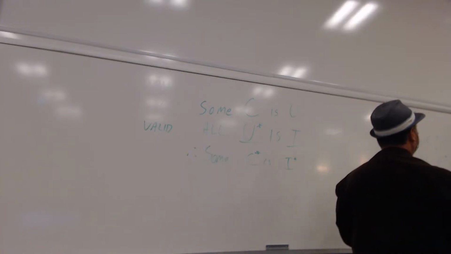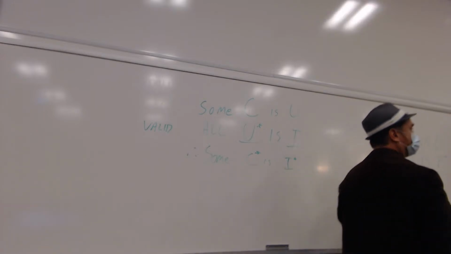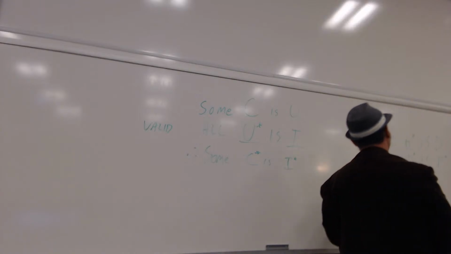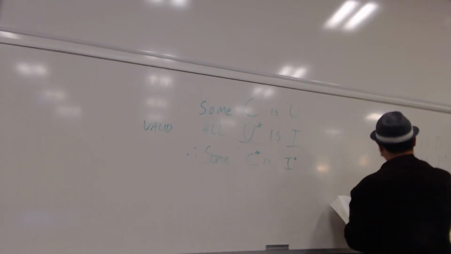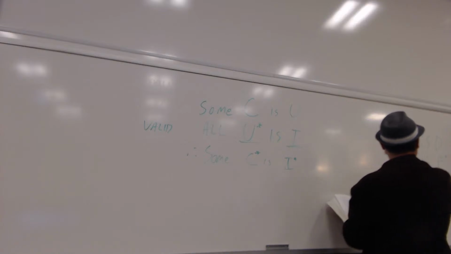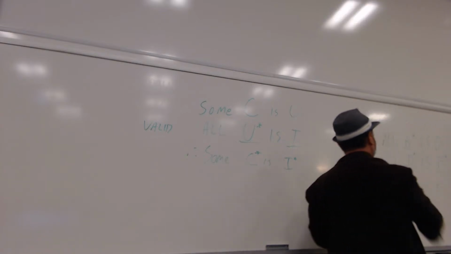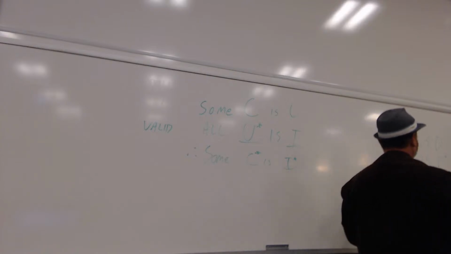We then figure out what belongs in the conclusion. The conclusion is going to be an H and an F because H and F only appear once. We're going to figure out the form of the conclusion. The form of the conclusion is going to be a no. How do we know that? Because we have two universal terms and one of them is negative.